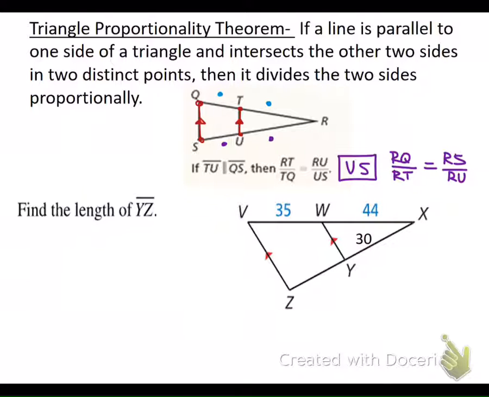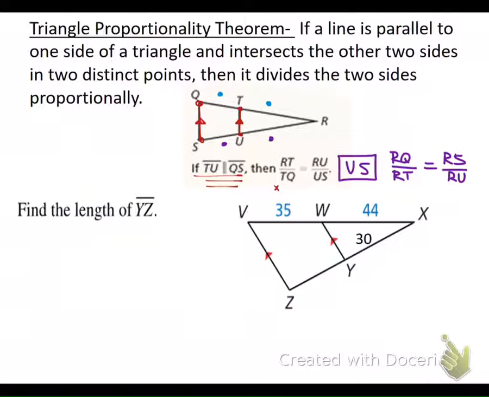Then I had you find this total length, add those together, and put it over the smaller triangle's length, and then cross multiply to solve. That was the proportion you set up. But you don't need to do that anymore. This only works if lines are parallel, so be careful here. If lines are parallel, then you can say RT over TQ is equal to RU over US. You don't need the total length anymore.